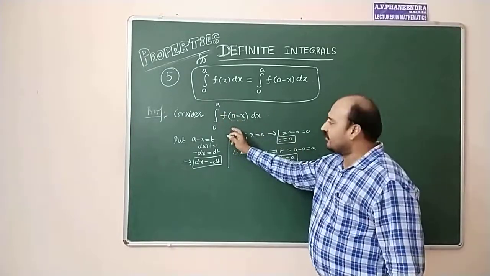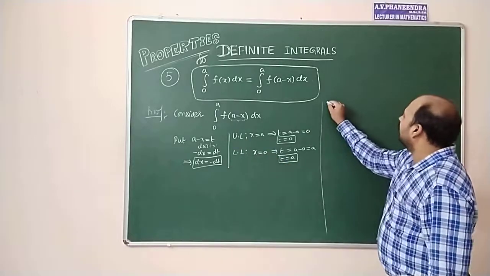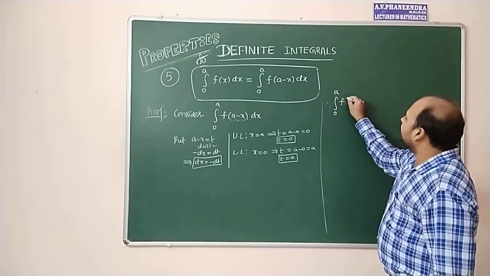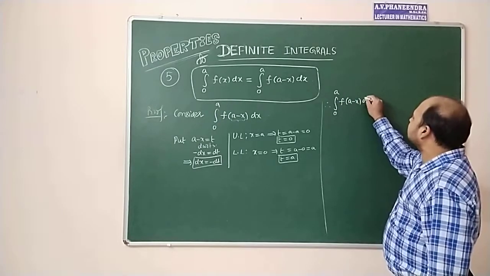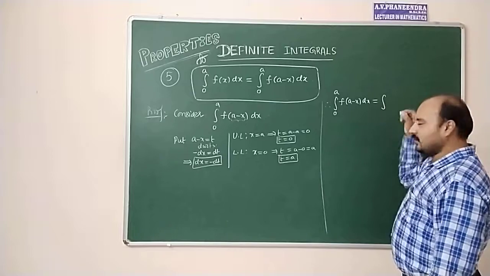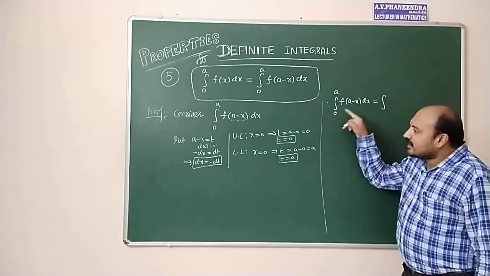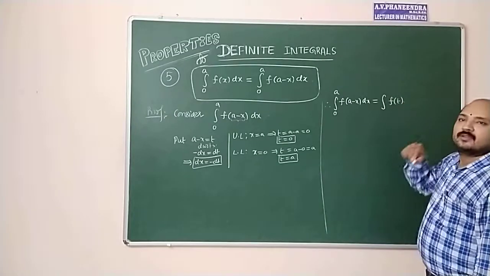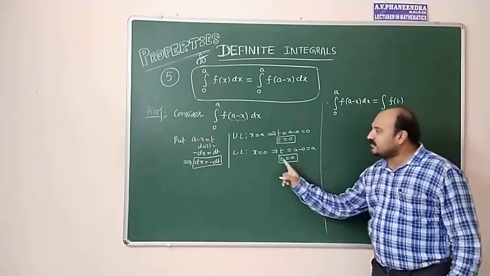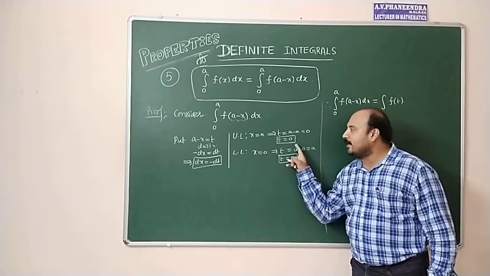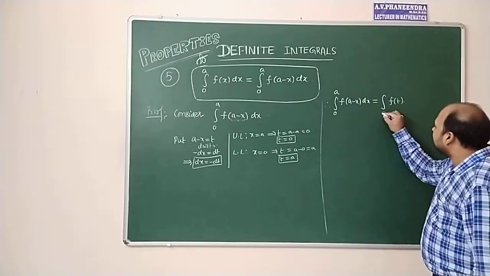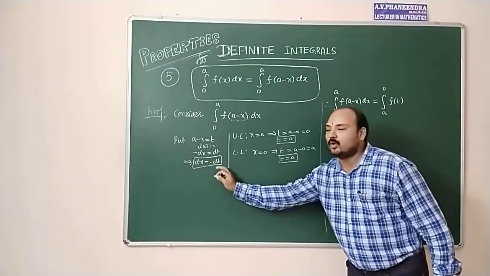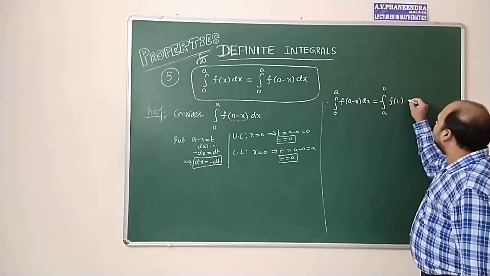Now come to the given integral. Therefore, integral 0 to a f of (a minus x) dx is equal to the integral where, in place of a minus x, we have taken t, so f of t. For t, the limits will change: lower limit is a and upper limit is 0. And dx will become minus dt, so minus dt.